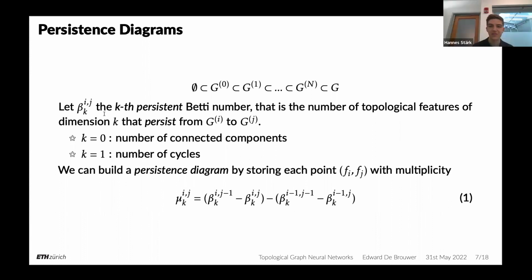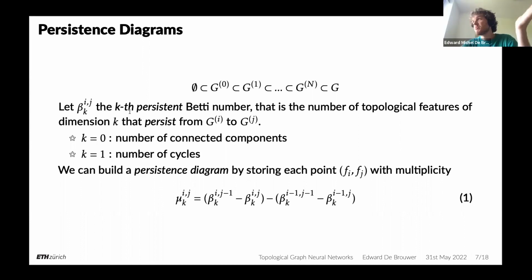Okay, but then Betti numbers: k equals 2 is the number of triangles, and k equals 3 is the number of cliques with 4 nodes. They're fully connected. All right, thanks.